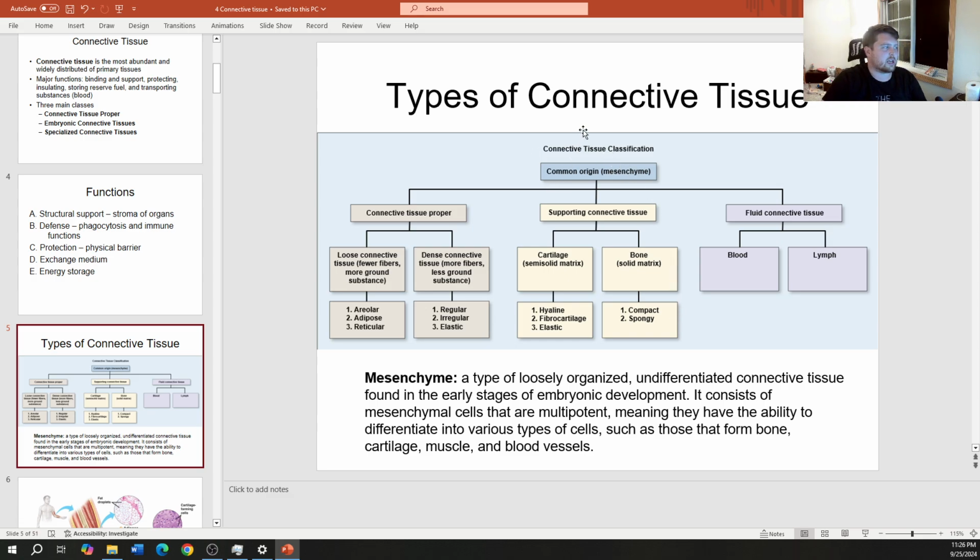So from this one type of cell, we differentiate into our connective tissue proper, you know, those loose versus dense connective fibers. Supporting connective tissue is the cartilage and the bone, and then fluid connective tissue is blood and the lymph.